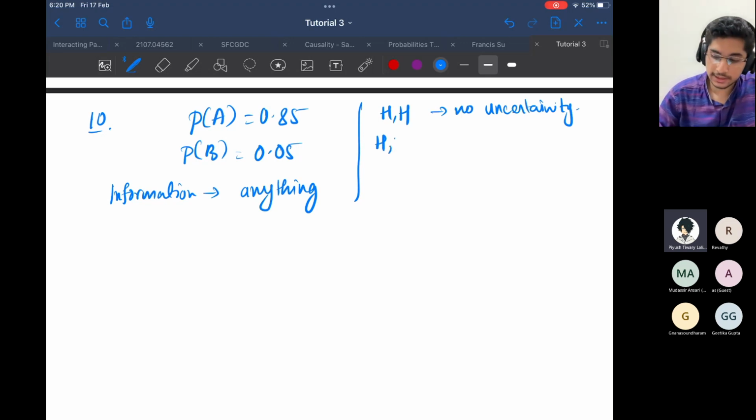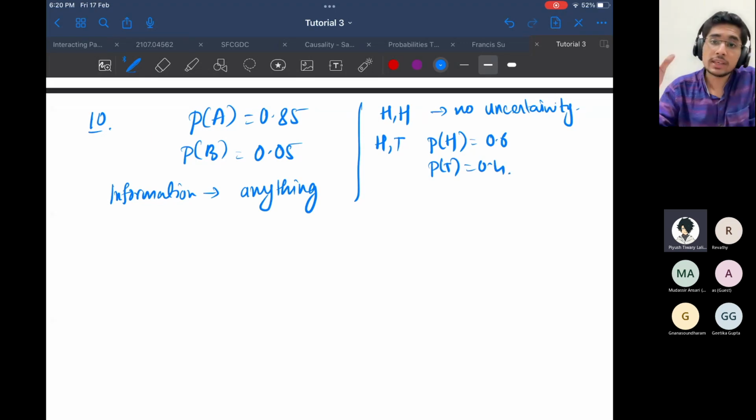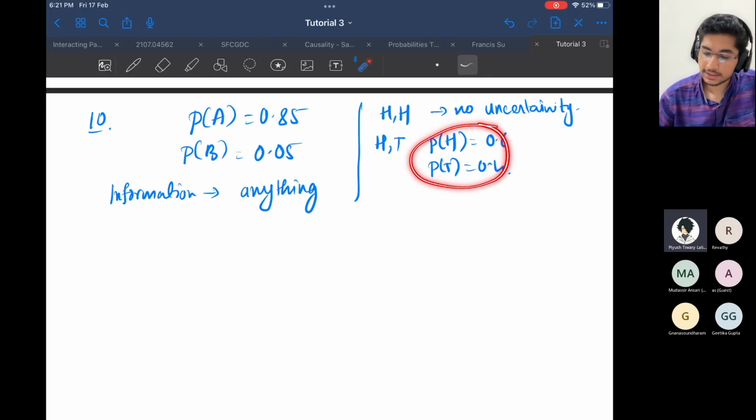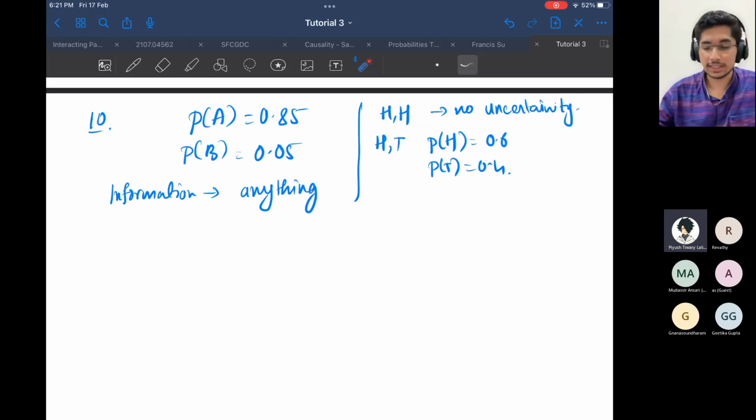However, let's say there are two sides and one side is heads and the other side is tails. And I tell you that the probability of heads is, let's say, 0.6 and the probability of tails is 0.4. Now there is some uncertainty involved. It can be heads or tails. Anything can happen. However, now that you have told me this probability, you have given me some information. In the earlier case, whatever you do, you cannot change the outcome; it is always going to be heads.